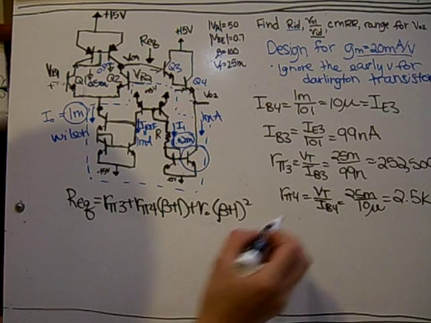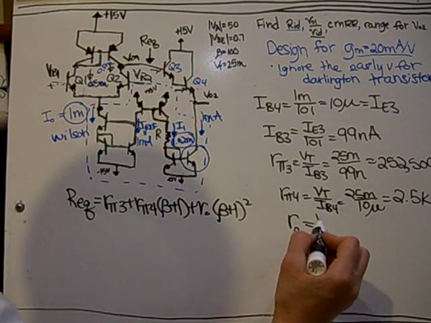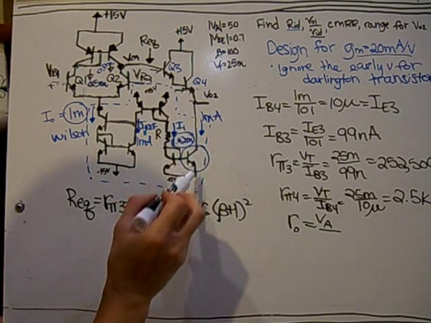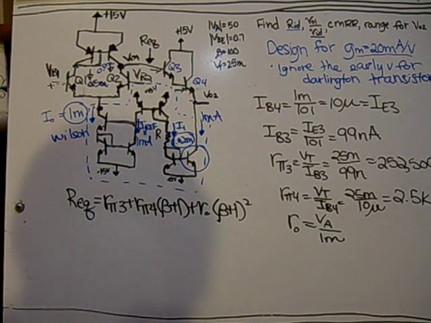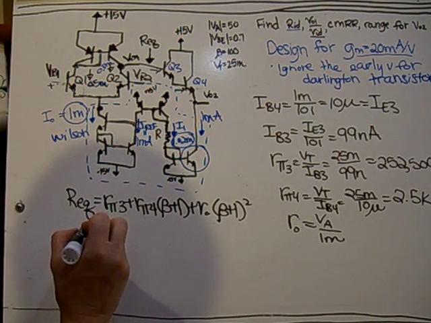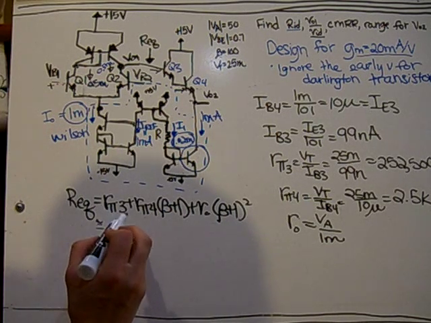So plugging that back in here, I also need to know RO. RO is going to be VA over the current flow going through the transistor, and so that's going to be again 1 milli. So now plugging these all back in, the R equivalent comes out to be approximately 500 megs.